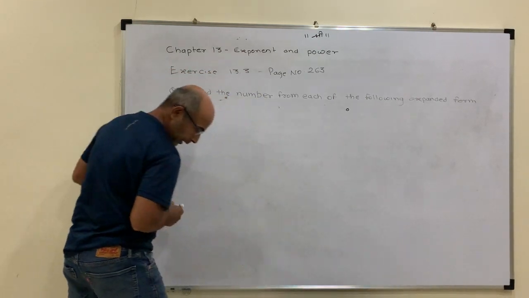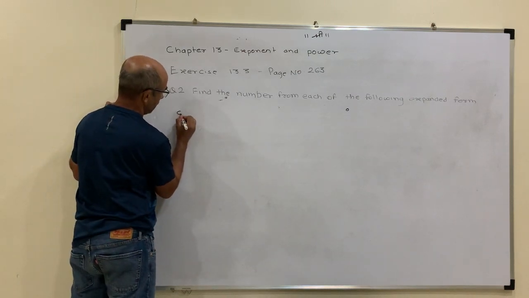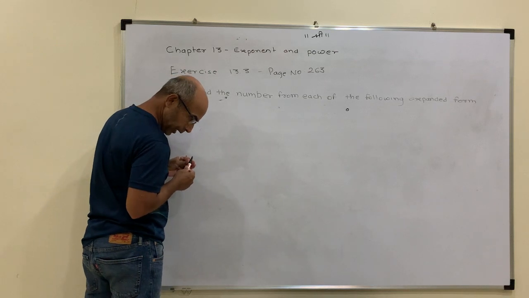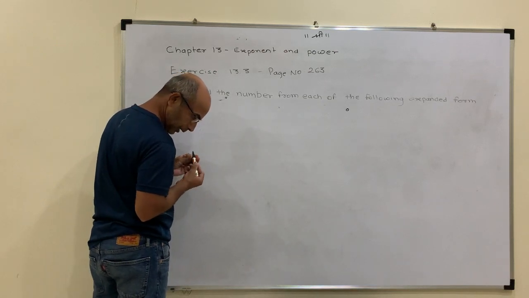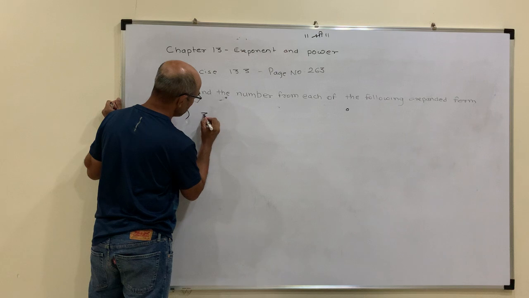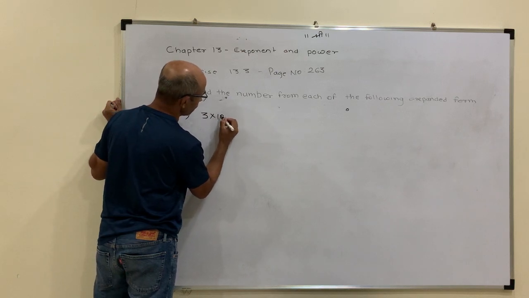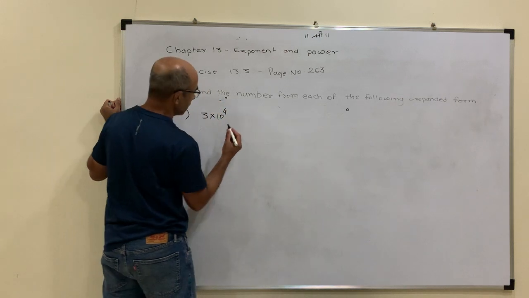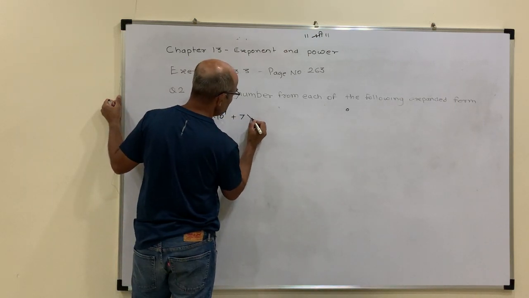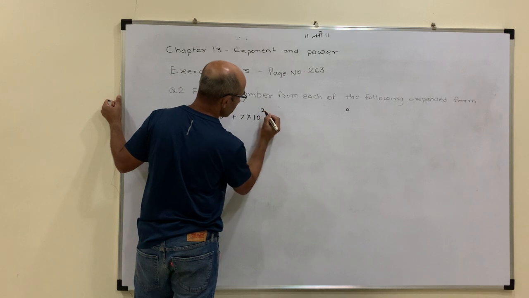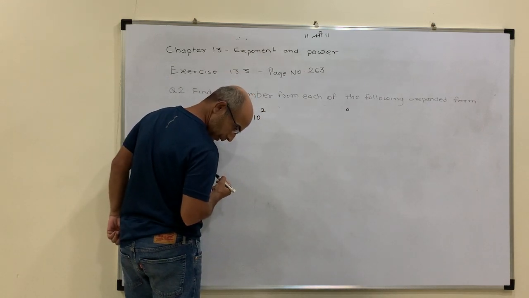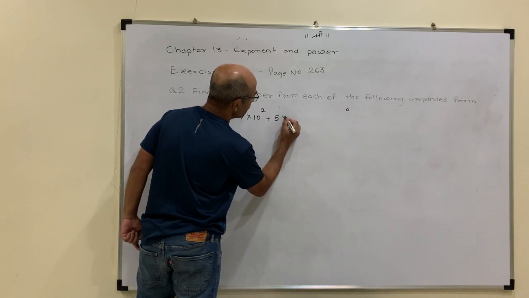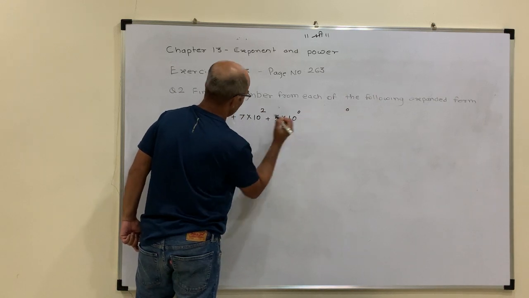The third one, that's C. It says 3 into 10 raised to 4, plus 7 into 10 square, plus 5 into 10 raised to 0.